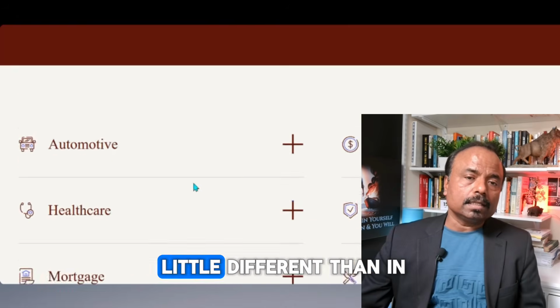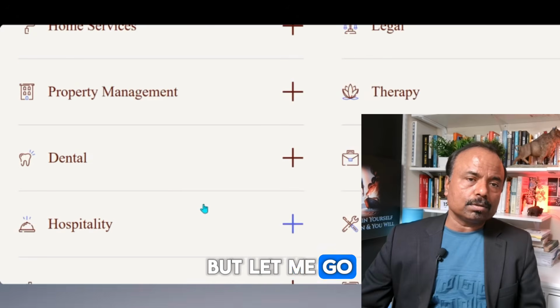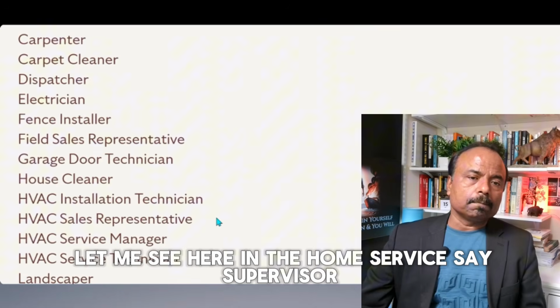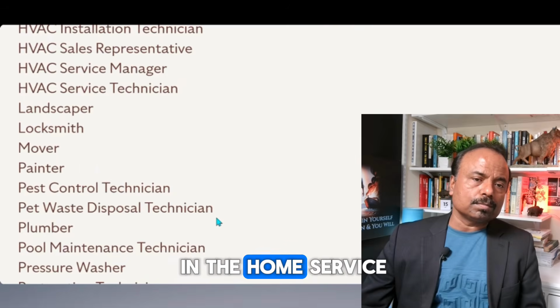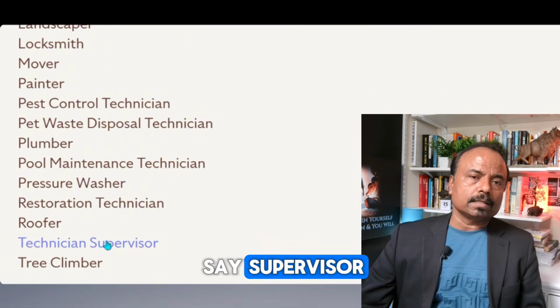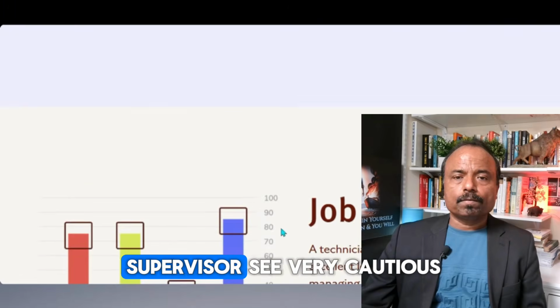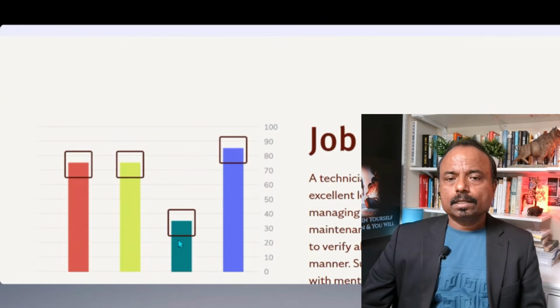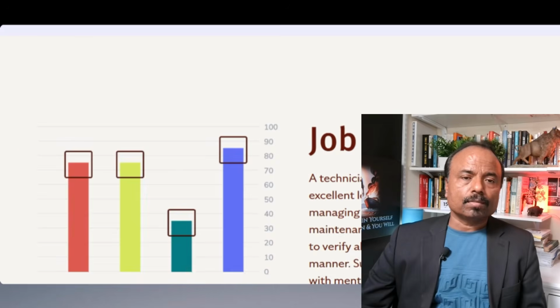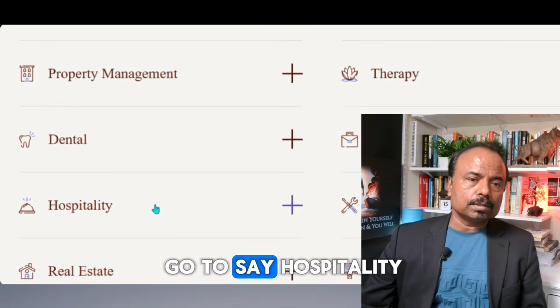So that's a little different than a regular agent. But let me go to some other, like home services. Say, the supervisor. Now the supervisor, see, is very cautious, with some stability, the same as a broker. Now let me go to, say, hospitality.